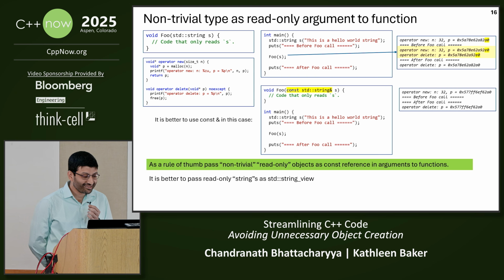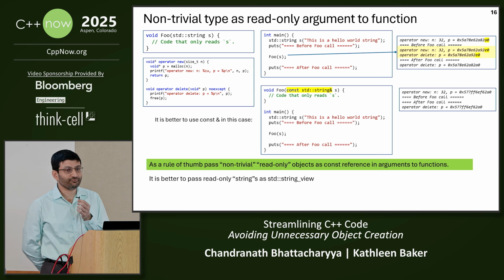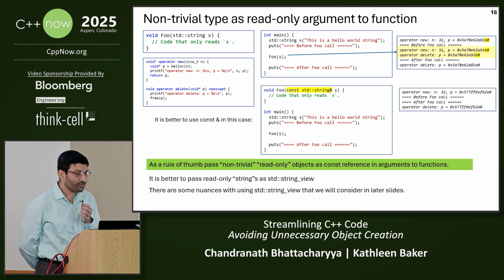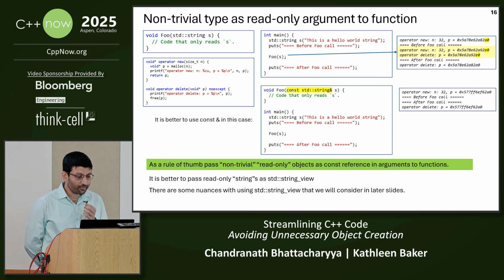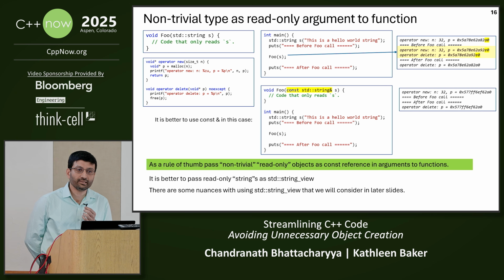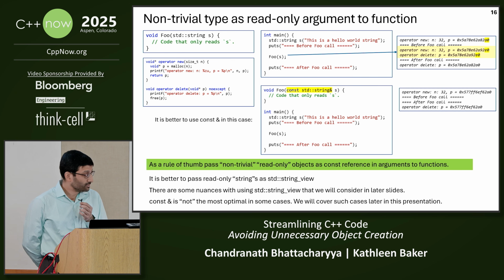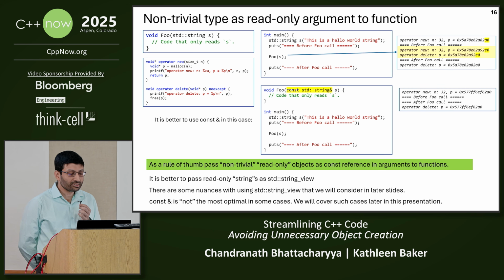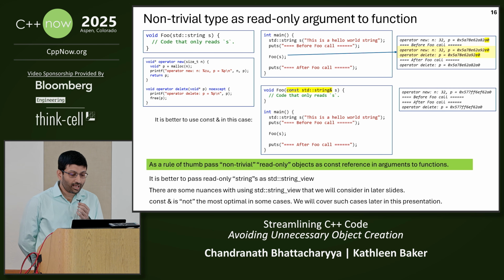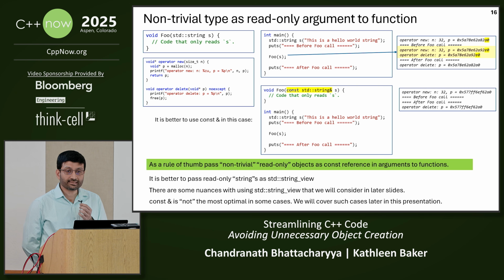So just for strings, in this case, you can also use a string view. And yes, we do know string view has nuances, so we'll consider some of those in the later slides. Finally, to preempt a question, we also do know that const reference is not the most optimal in some cases, and we'll consider such cases later in the presentation.